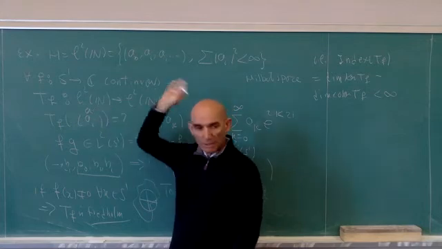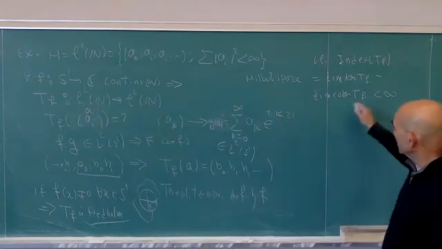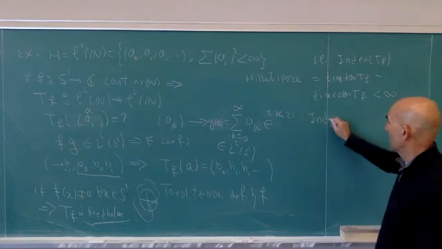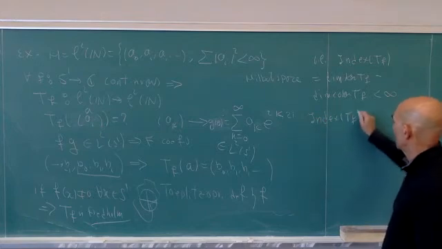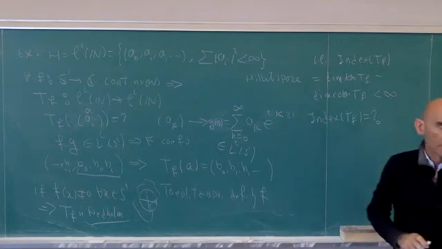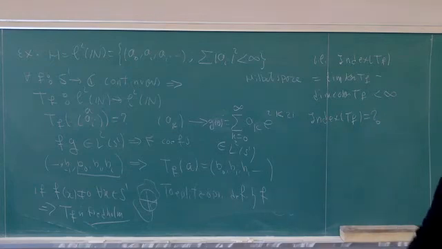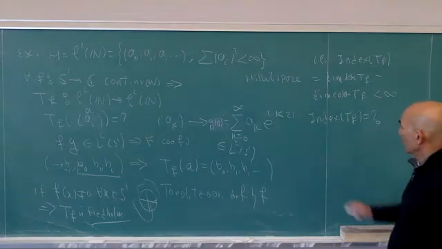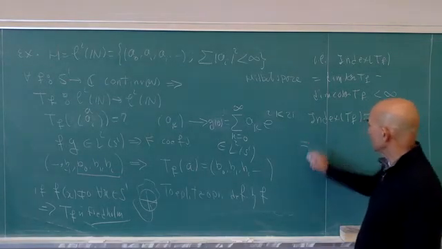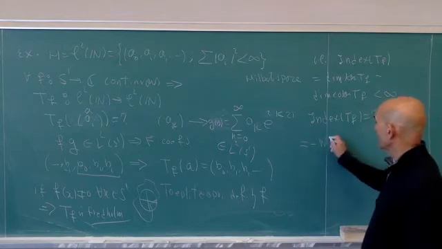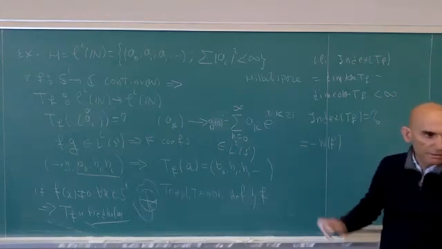So the question is now, what is the index of T_F? This is kind of an index problem. We are interested in knowing the index of this operator. So the answer is that this is equal to minus the winding number of F. This is the winding number.